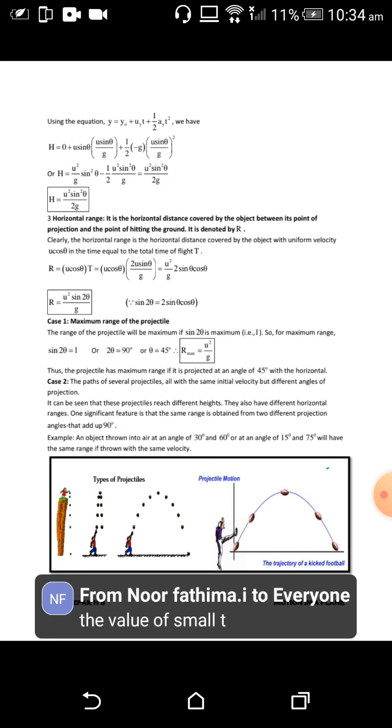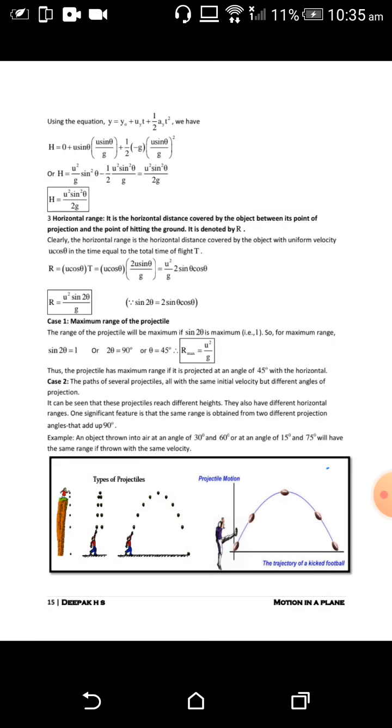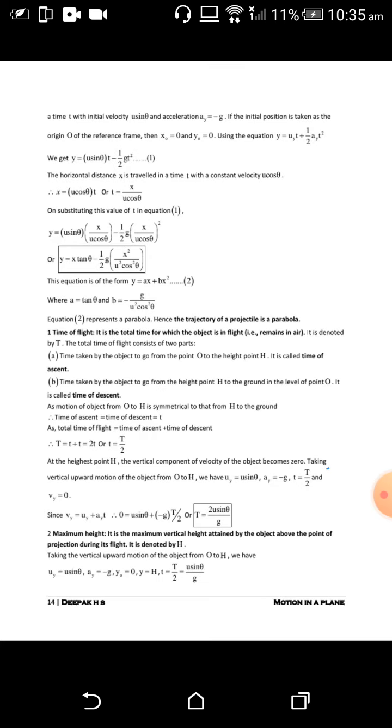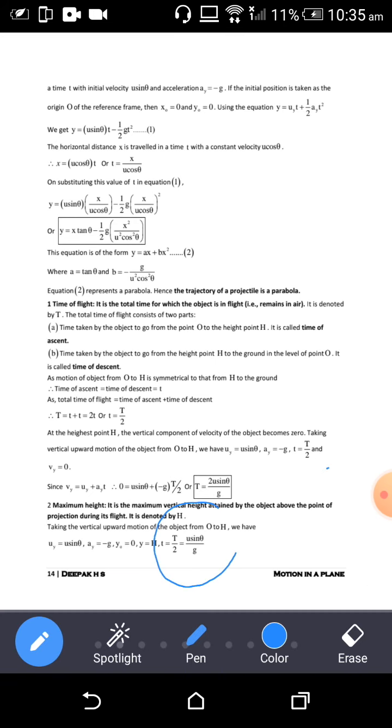The value of small t is nothing but this itself. It has been given here, Noman. Small t is nothing but equal to what? You can see here, small t is equal to capital T divided by 2, right?